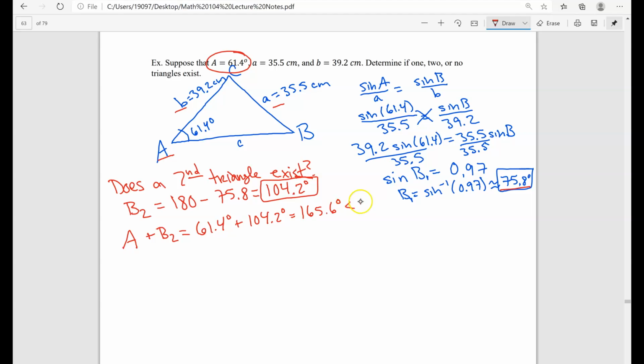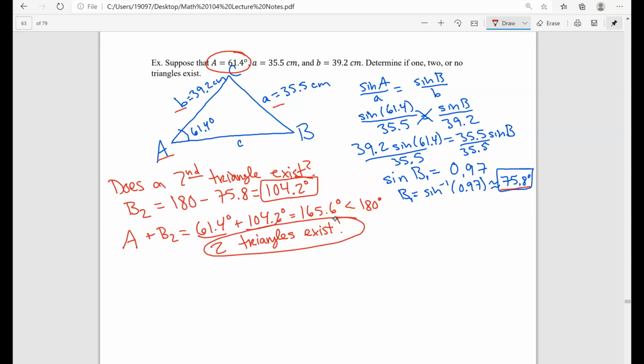That means this is less than 180 degrees. So you have two angle measurements that can exist, and you still have some left over for an extra angle. So that means two triangles exist.